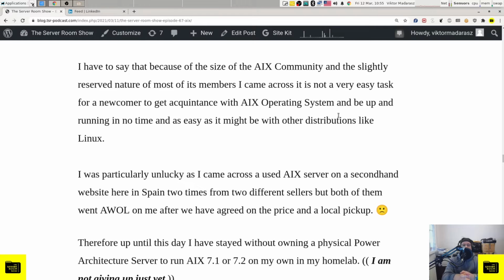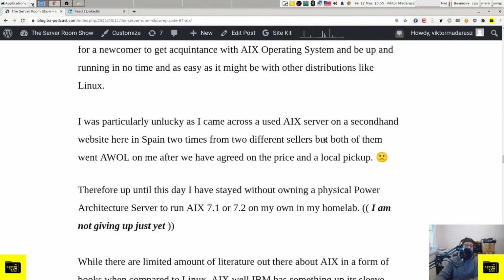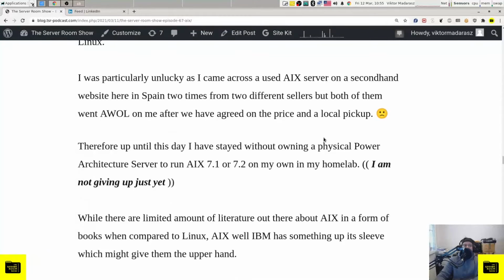This is why I'm very grateful to Andrey, because without his help, honestly, I wouldn't know where to start. Thanks to him, I got more exposure to AIX in a matter of days than what I managed to put together on my own.